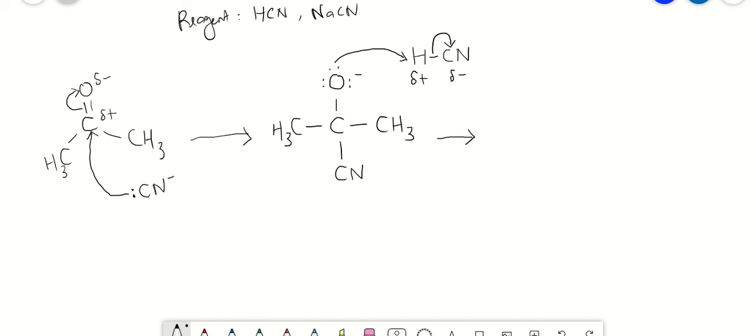So what happened is carbon is still bonded to 4 different groups of atoms. CH3, no change. I always write the one with no change first. CN also no change. Now O forms a new bond with the H, and we get a new CN minus.